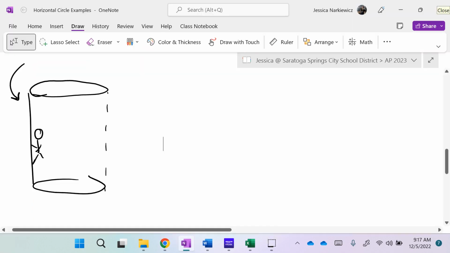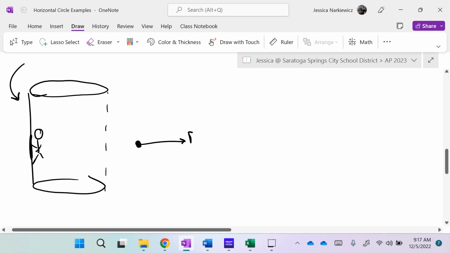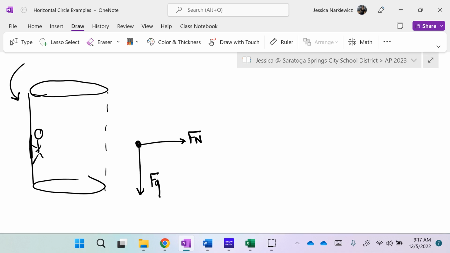Okay. So we're not standing on the floor, right? What's keeping us moving in a circle here is the force from the wall on us. The force is continually pushing us in a circle. So that force from the wall on us is really a normal force because it is a surface force. Okay? And then we have a force of gravity downward.